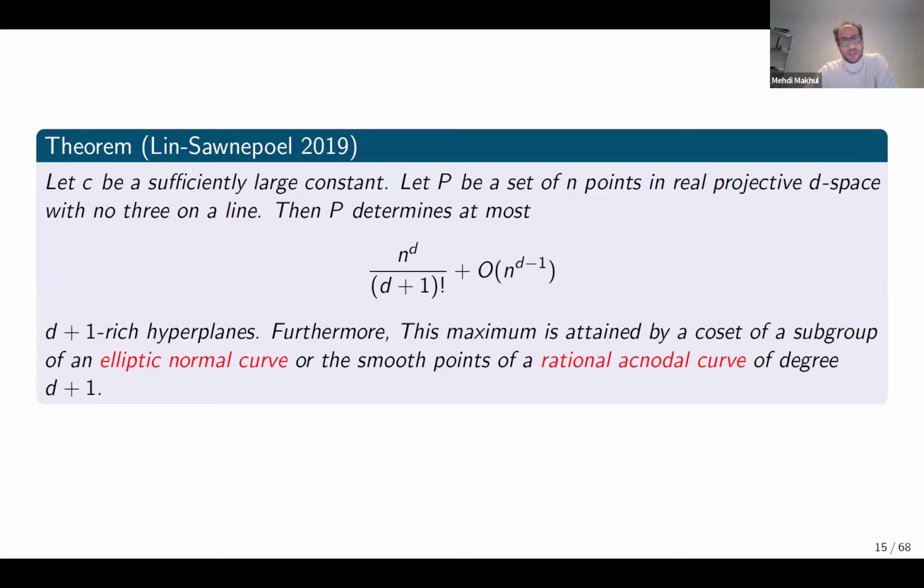In particular, they show that the maximum is attained only by subgroups of an elliptic normal curve or a rational normal curve. And these two curves are also the intersection of two quadric surfaces in dimension 3. And in higher dimension also, I will tell you that they are the intersection of a certain number of quadric hypersurfaces.